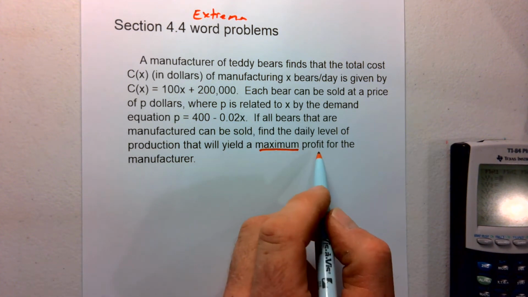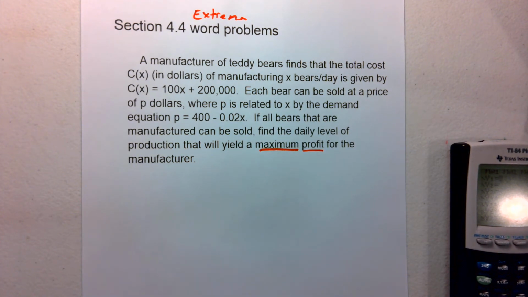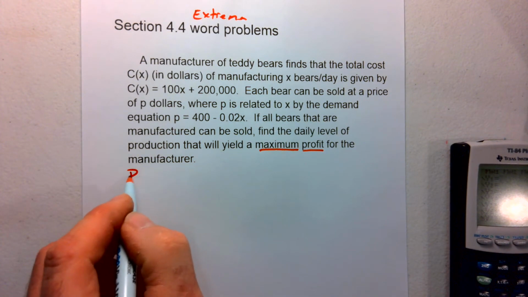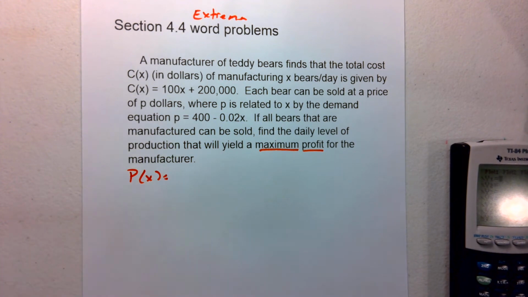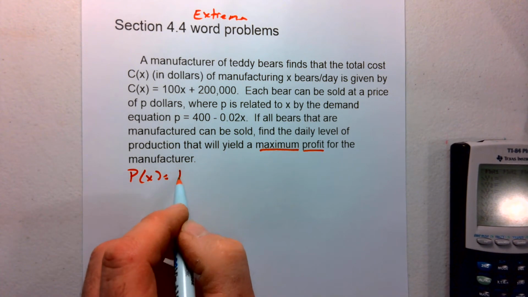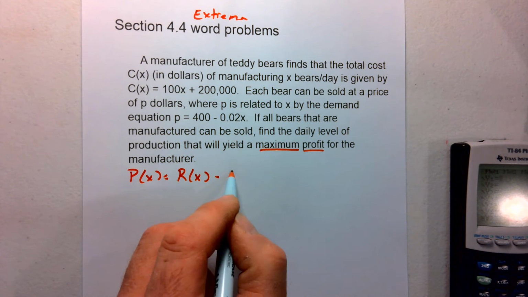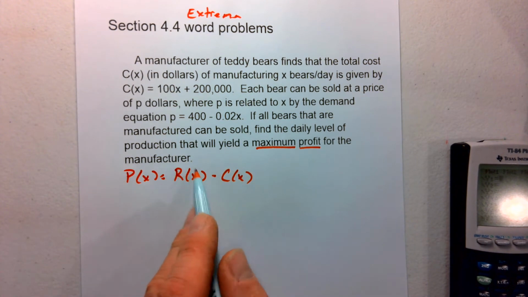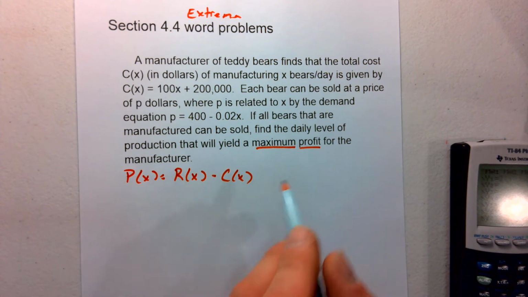In order to find the maximum profit, we first have to find our profit function. Let's recall what we know: the profit function is equal to the revenue function minus the cost function. So I first need to find my revenue function.